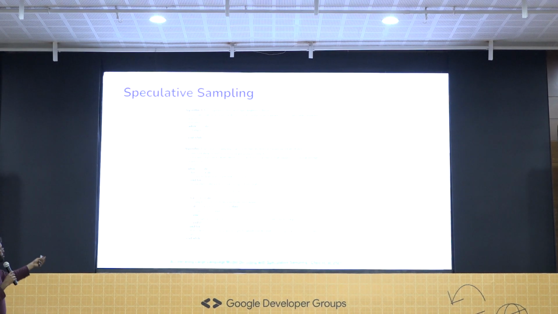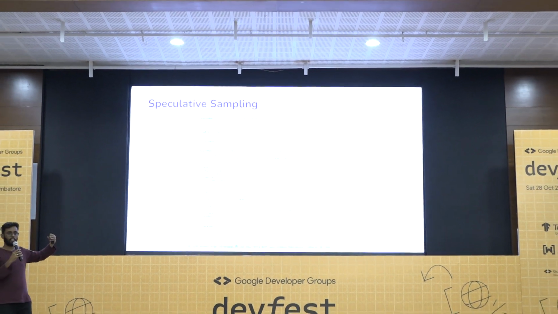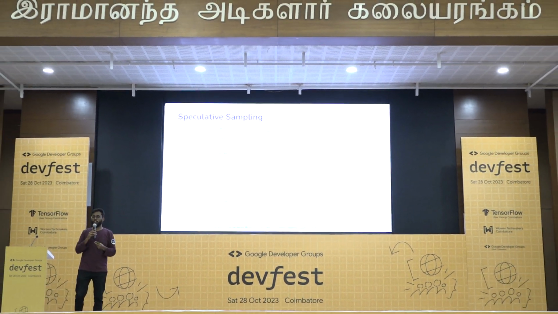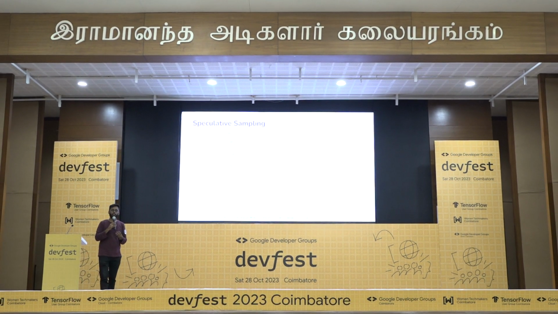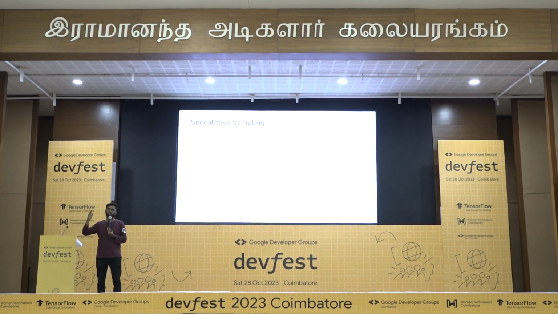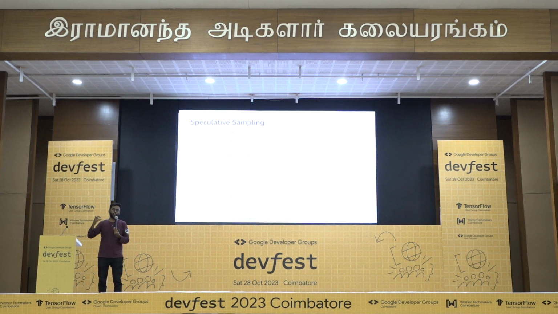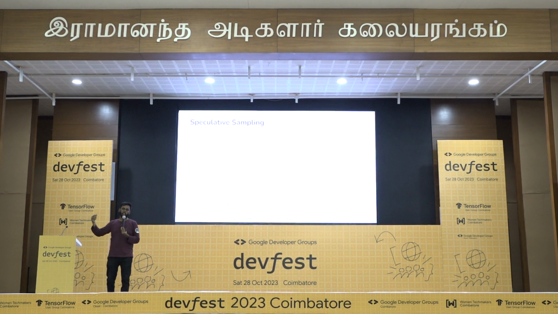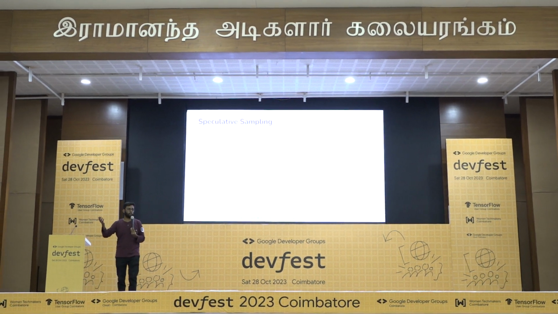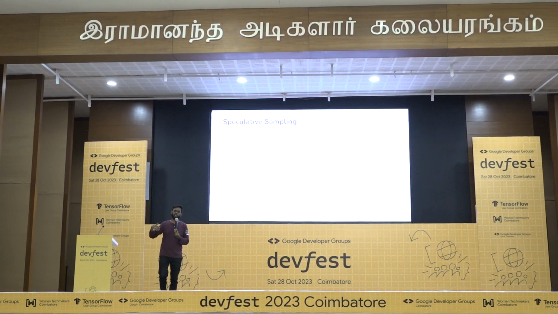Speculative sampling tries to take advantage of this difference. Let's say you have a 34 billion model. Instead of that model decoding tokens one by one, they use a smaller model, probably a 7 billion or a 1 billion model.